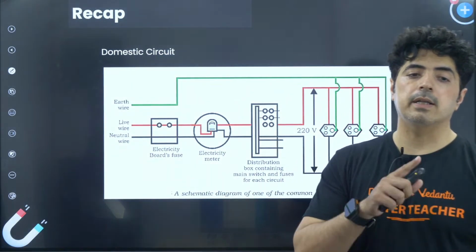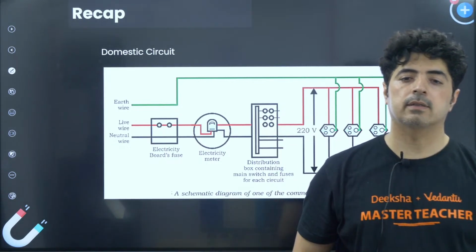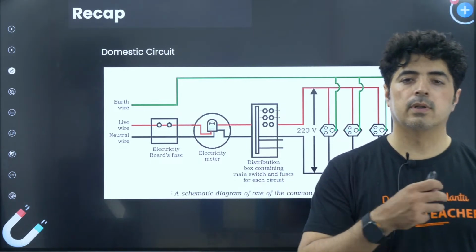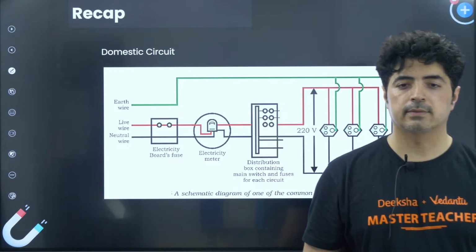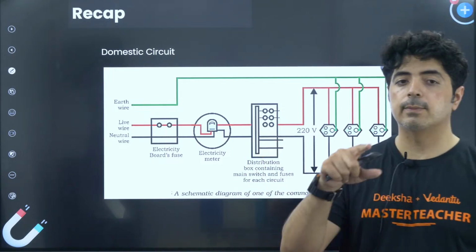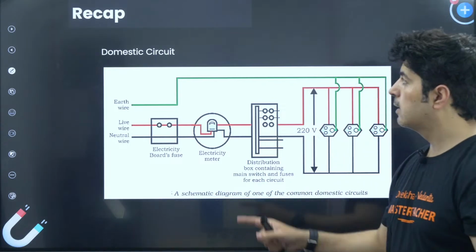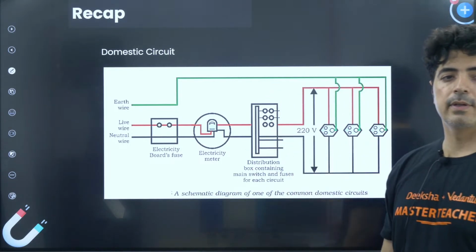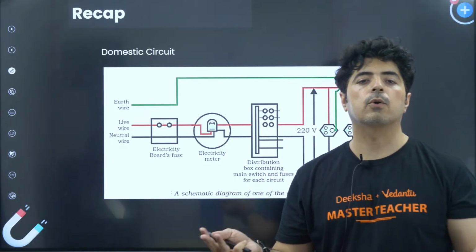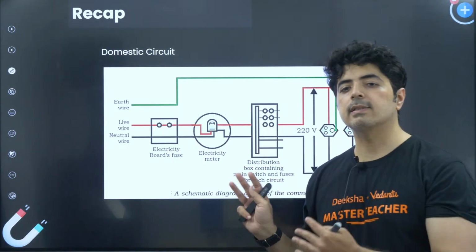Since electromagnetic induction has been removed, it means AC generator, AC motor, EMI, right hand thumb rule, everything has been removed. So now the examiner is only left with very few topics. He cannot go anywhere else, so he has to come down to the domestic circuit. So please understand this domestic circuit.